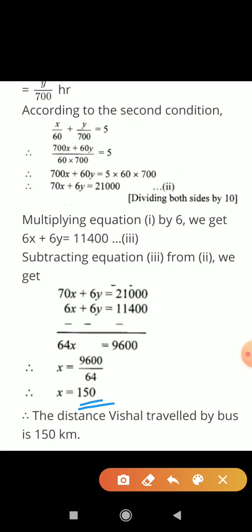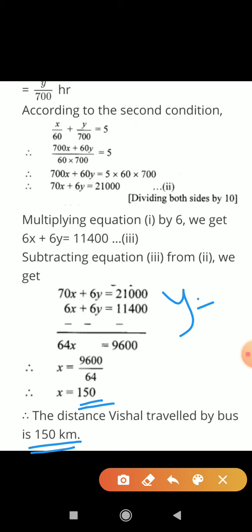So we shall travel a distance by bus of 150 kilometers. If we were asked to find the distance traveled by aeroplane, then we would have to calculate the value of y. But that question is not there, so the question was find the distance traveled by bus by Vishal, so that distance becomes 150 kilometers. So this is about this question.